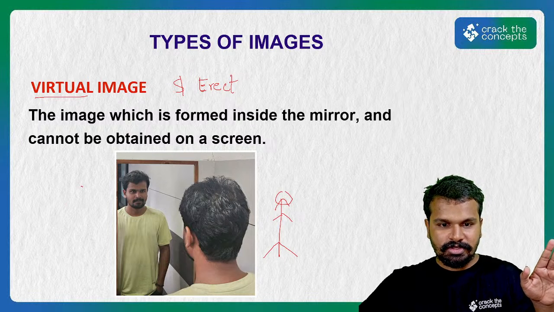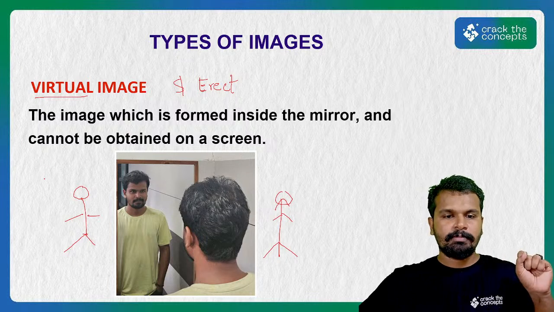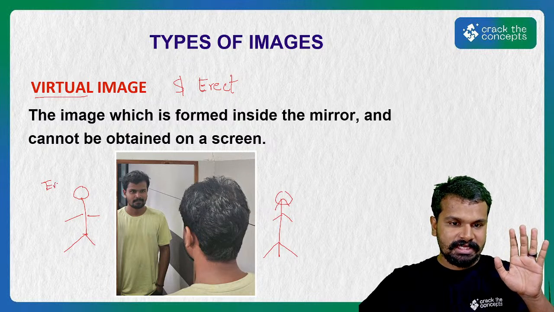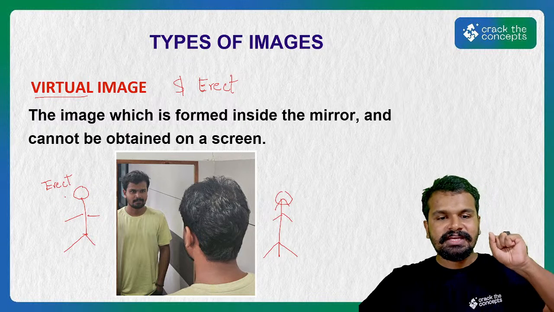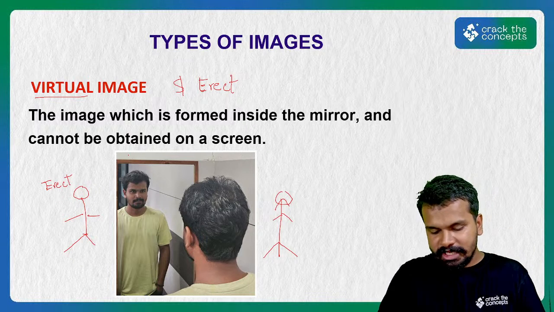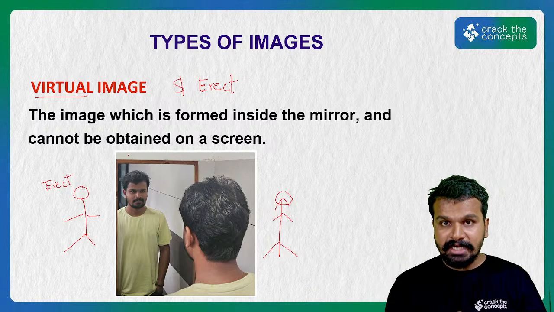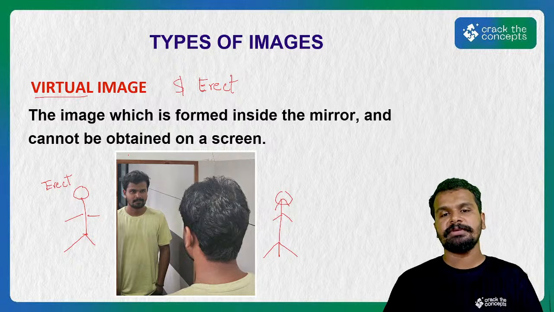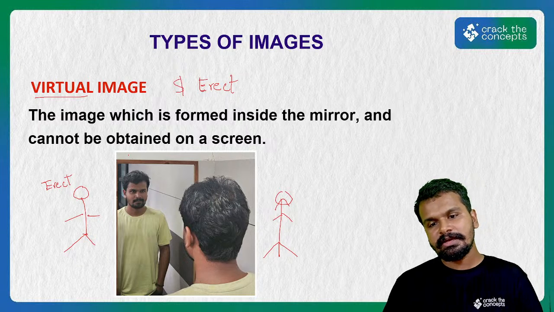The image also is standing like this. It's not upside down. Such images, without being upside down, we call erect. And the images which we cannot obtain on a screen and which are formed inside the mirror are known as virtual images. Got it?